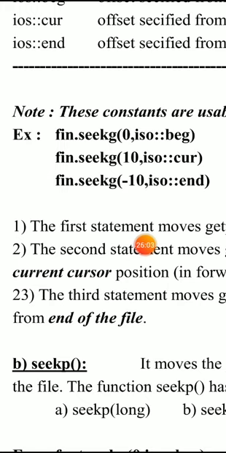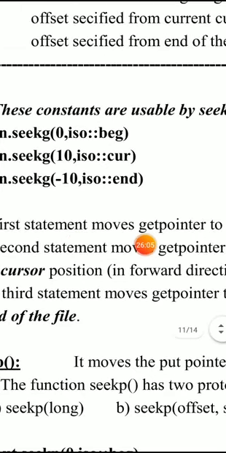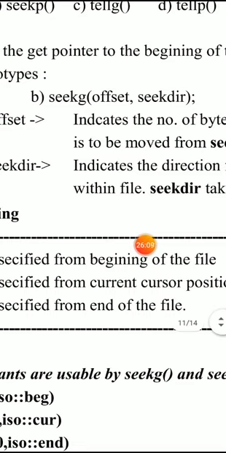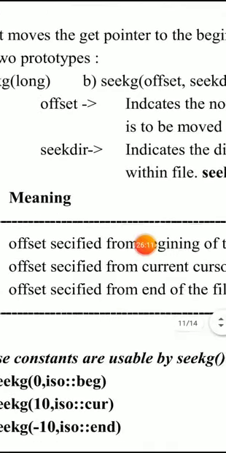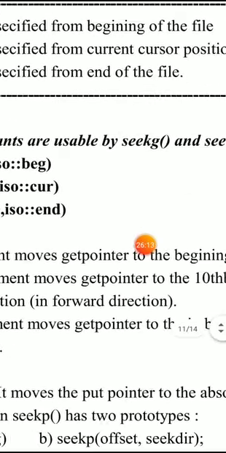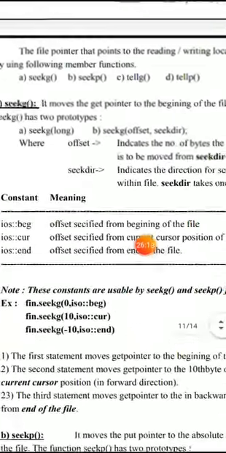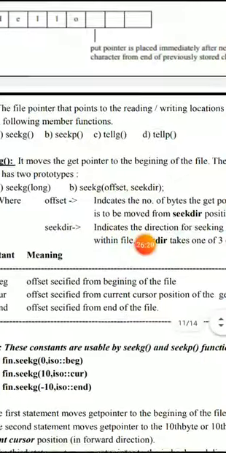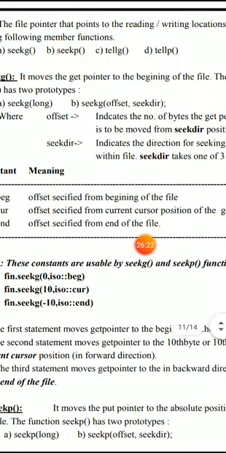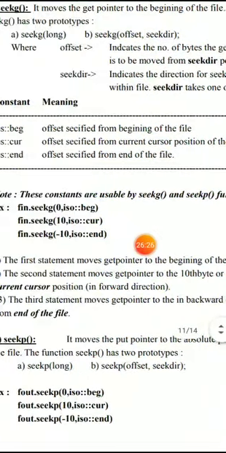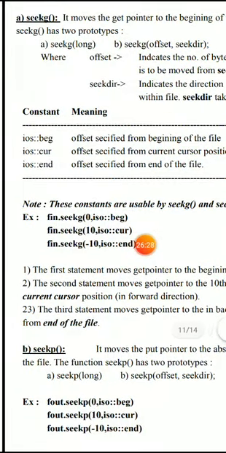Next one, the second statement moves the get pointer to the 10th character position in a forward direction from the current cursor position.